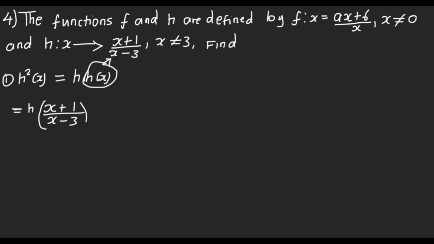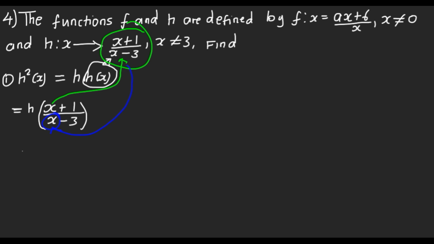Now, since it's a composite function, where there is x, I'm going to substitute this expression, and I'm going to do the same to the denominator part. Where there is x, we put this part here. So that's the concept behind this question.